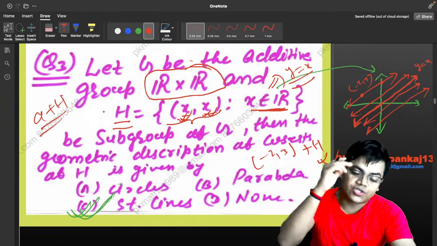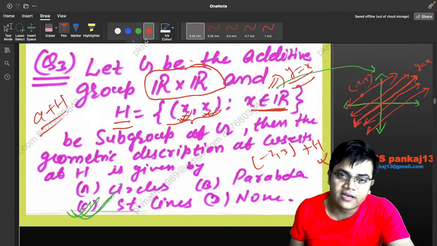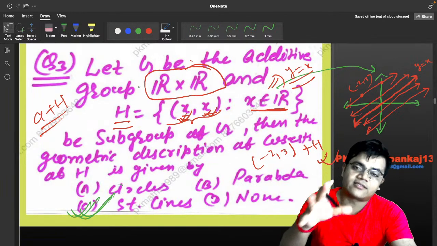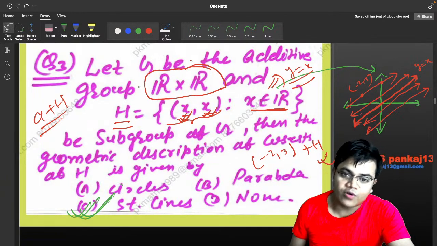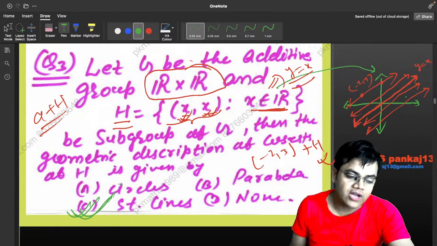In the previous question we had seen a set of circles as the cosets, but here we are going to see a family of straight lines as the cosets. I hope this is clear, I hope this is fine.